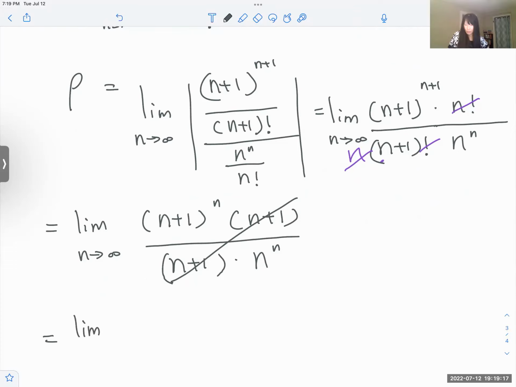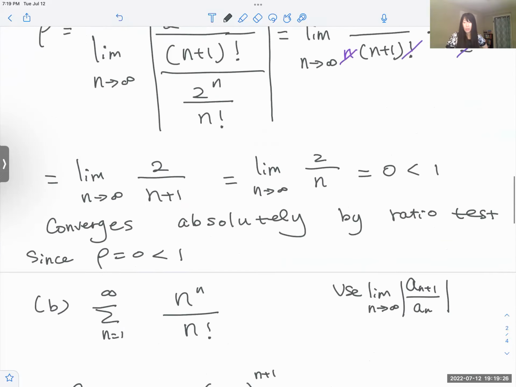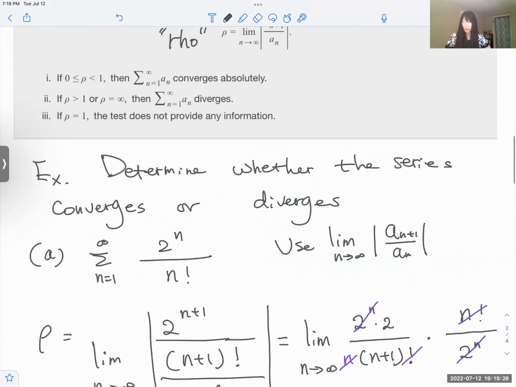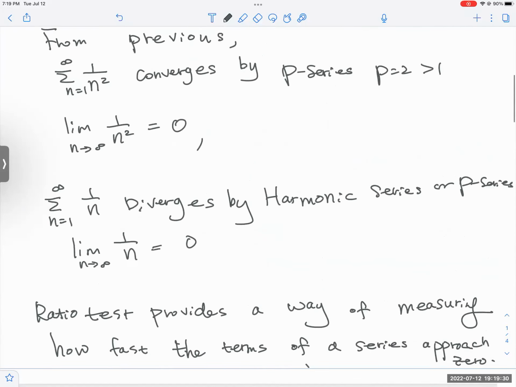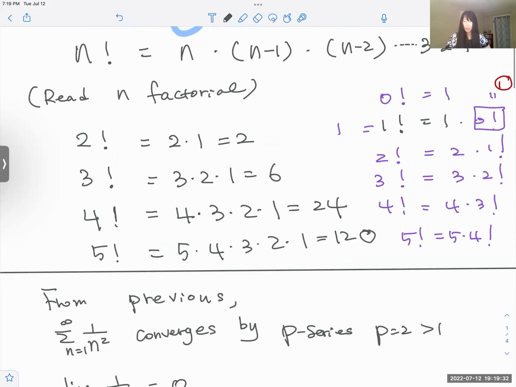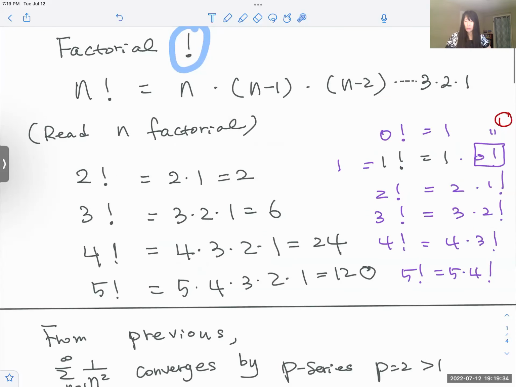Mrs. Lee, I have one question. I still don't get why you added the purple n. Okay, so we have to understand the factorial. We write a factorial using this symbol, the exclamation, n factorial.